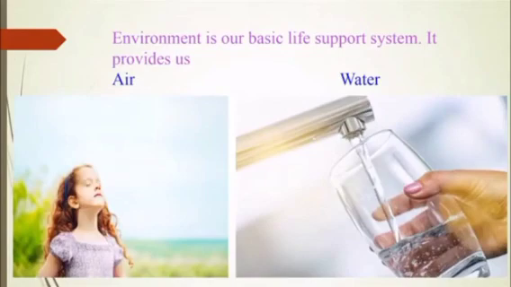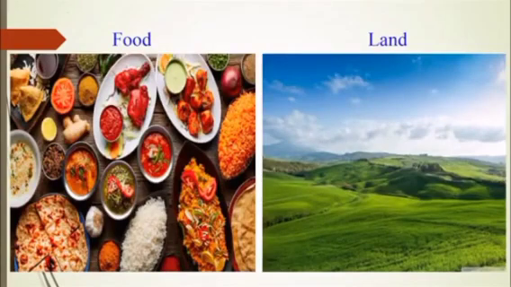It provides us air, water. In this picture, we can see a girl is breathing fresh air, and the pictures of water, food, land. So here we can see the pictures of food and land.